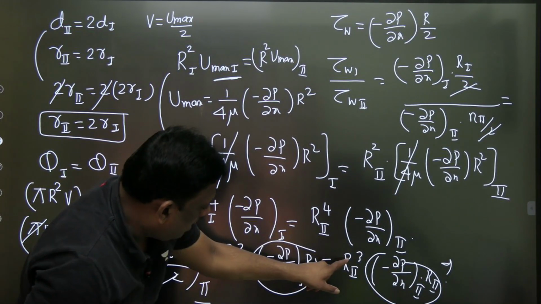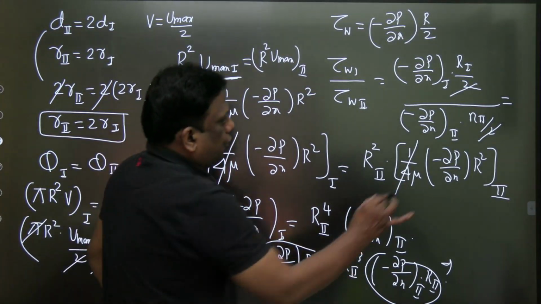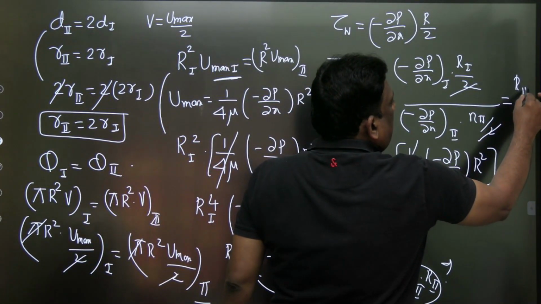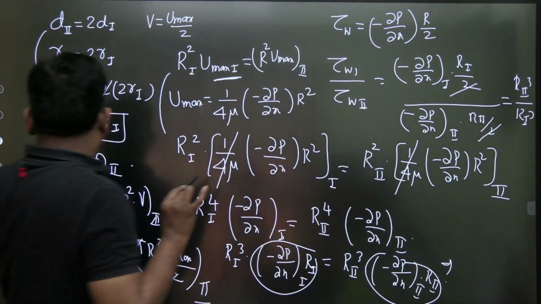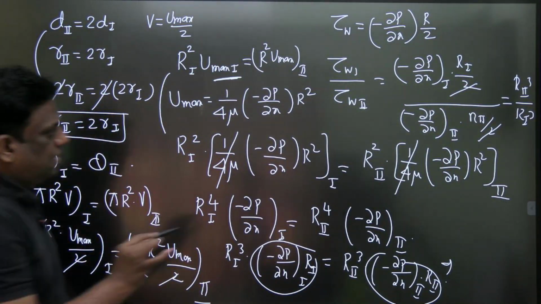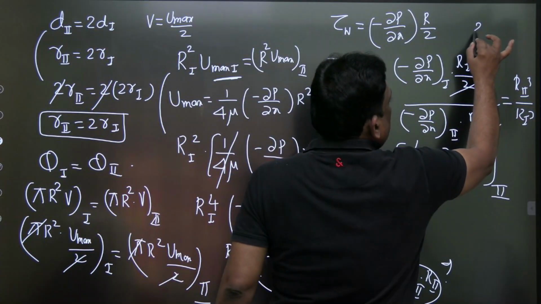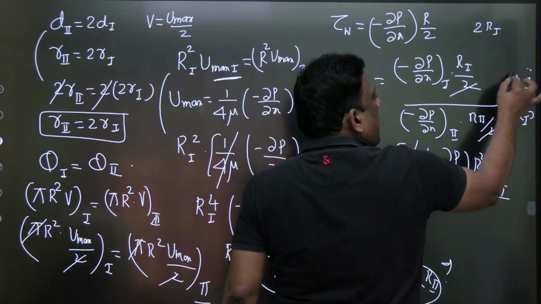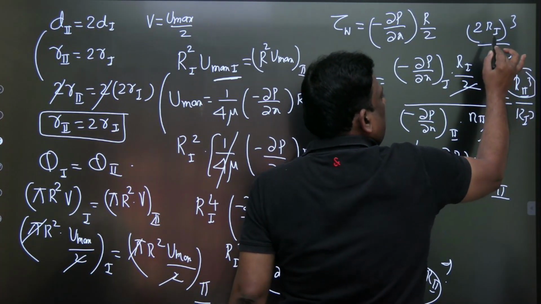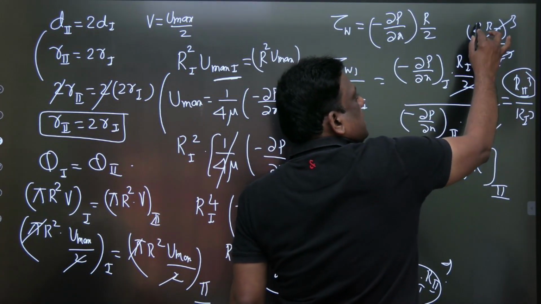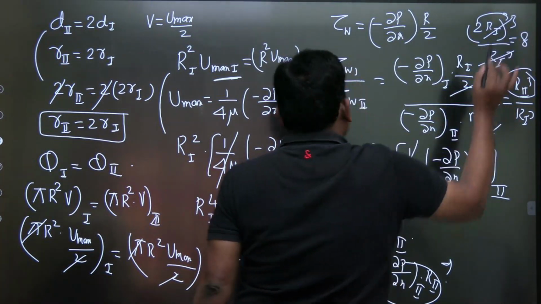This by this will be R2 cube by R1 cube. But already the second pipe diameter is twice the first, so R2 can be written as 2R1. But I have cube here, so (2R1) cube by R1 cube. This R1 cube and this R1 cube get cancelled. Now you are left with 2 cube, which is nothing but 8.